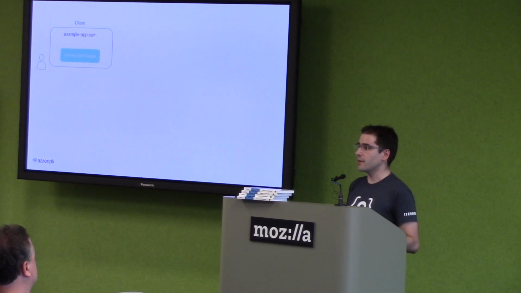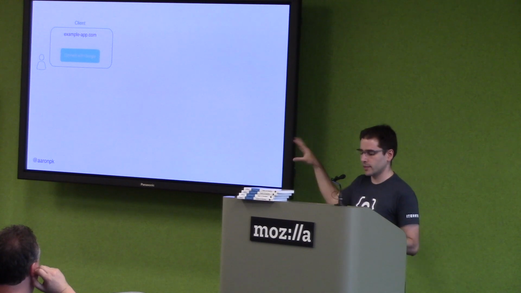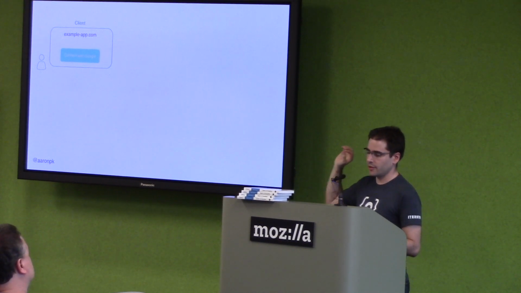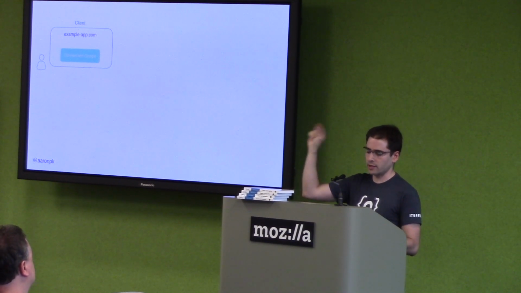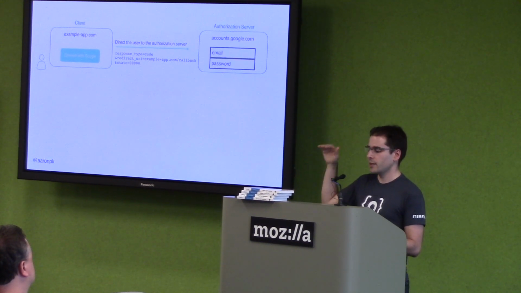So the last way I want to look at this is another sort of visual step-by-step of what we just saw. The user is looking at this app and it says, connect with Google, log in, whatever that button's called, builds up that URL with the response type as code and all the parameters.